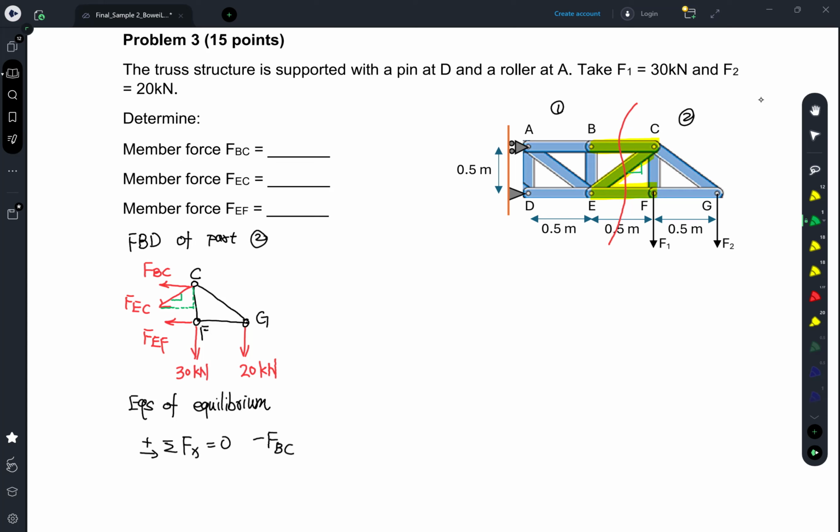Since member EC is the hypotenuse of the triangle CEF, the slope can be specified by a small triangle with the base equal to 0.5 and height equal to 0.5.